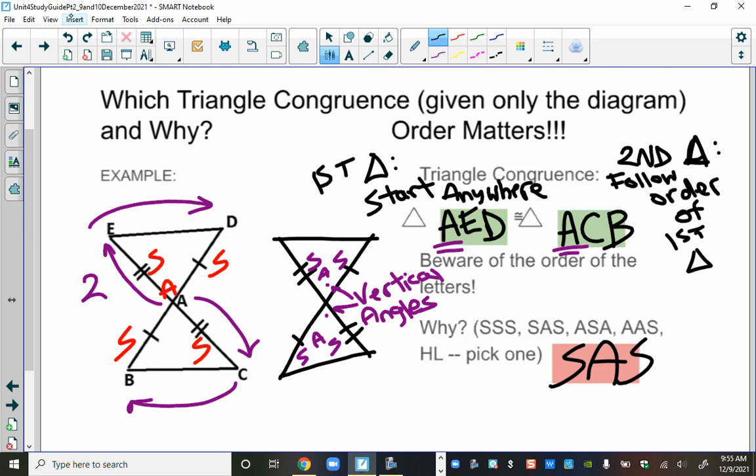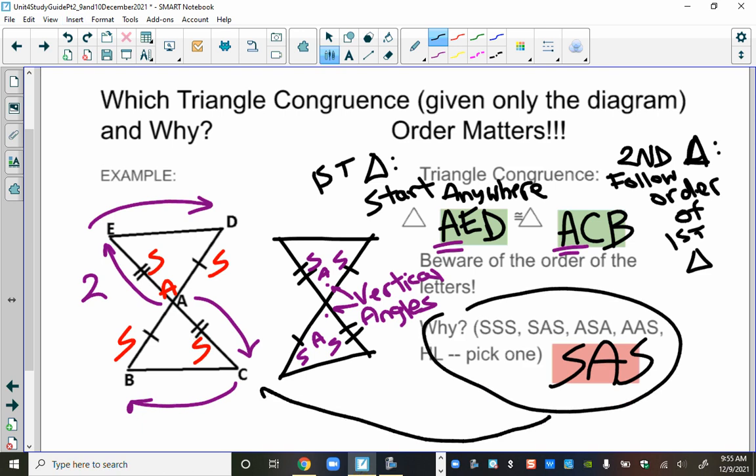And then you get your triangle congruence. You get it from the diagram. All right? Okay, so that's where we are going forward. Any other questions? So give everybody a moment to digest that information.